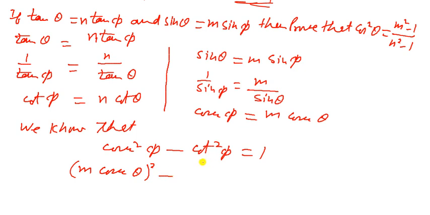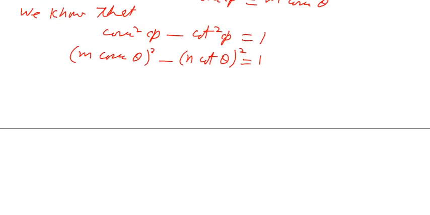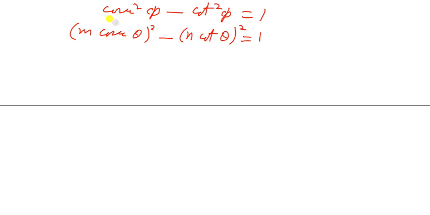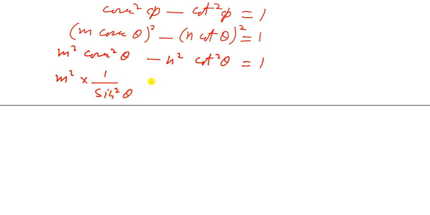Cosec phi is m cosec theta, so you can write here m cosec theta whole square and minus cot phi, that is n cot theta, so n cot theta whole square. That is 1 here. So now it is m square cosec square theta minus n square cot square theta is equal to 1.